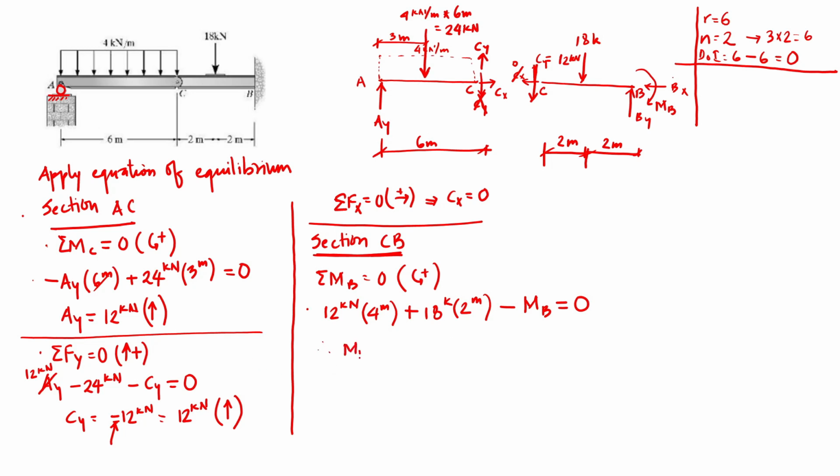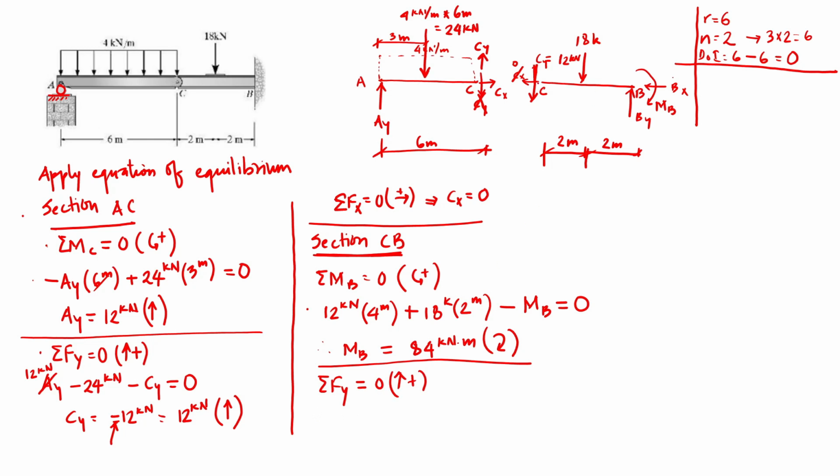Upon solving this, we get moment at B, MB equal to 12 times 4 plus 18 times 2, which is 84 kilonewton meter. And our assumption that this moment is clockwise is true because we got the positive value. Applying another equation of equilibrium, that is summation of all the forces in vertical direction to be 0, considering upward force to be positive.